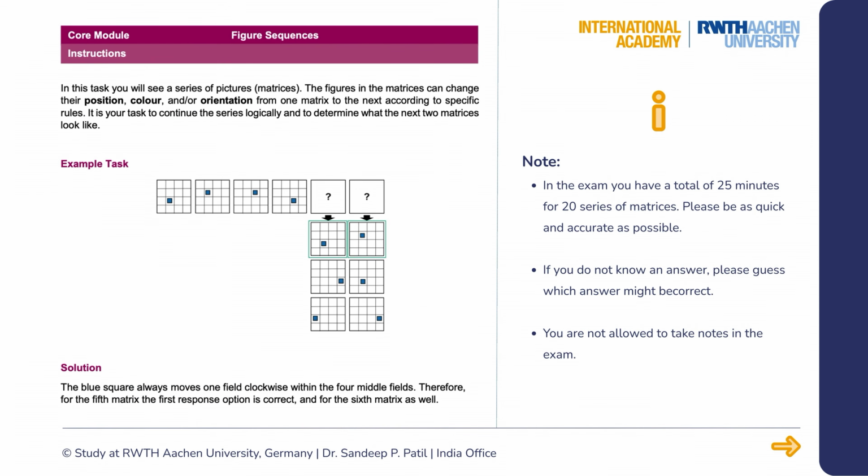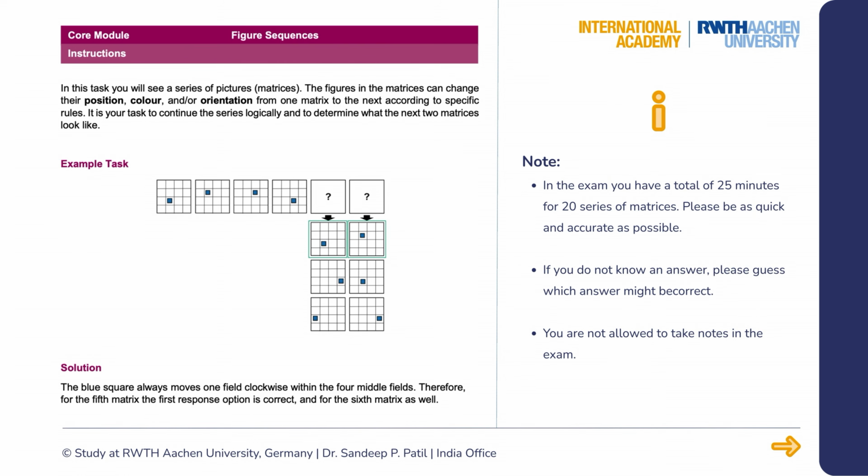So if you see in this example, we can see a 4 by 4 grid having a blue square. And if you carefully observe, this square is moving within the grid following a specific pattern, right? So here it goes upwards, then it moves towards right, then again it goes down.